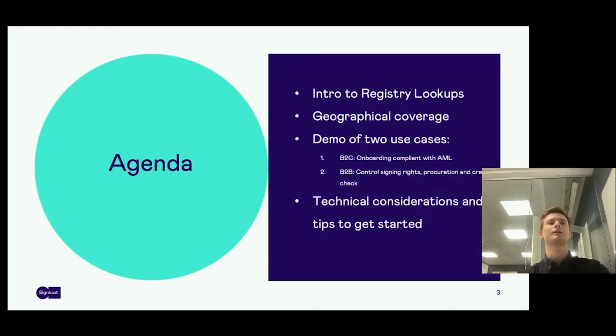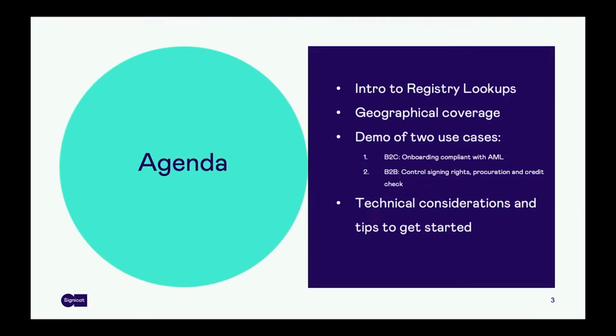So let's take a look at the agenda. We'll first introduce the registry lookup products and then take a look at the geographical coverage of these. Then we'll take a look at two demo use cases. One B2C, where we'll see an onboarding compliant with AML regulations.